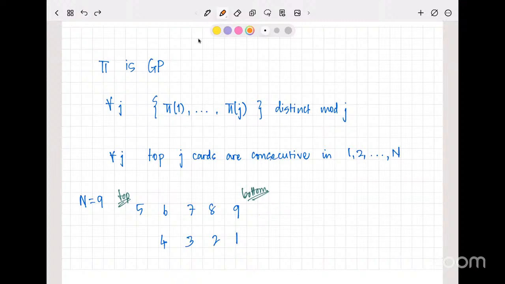So let's say the top consecutive run comes from this part. You would have dropped off, at the end of the shuffle, maybe the top 3 cards from here. Then the next few cards must come from the top of the other side. But the top of the other side, because you have reversed the original order, right?